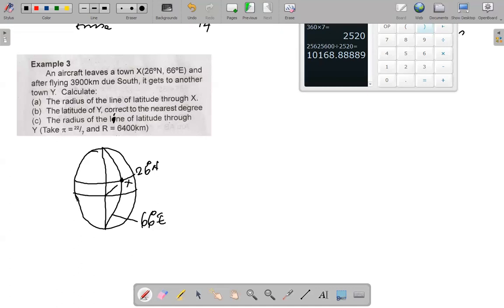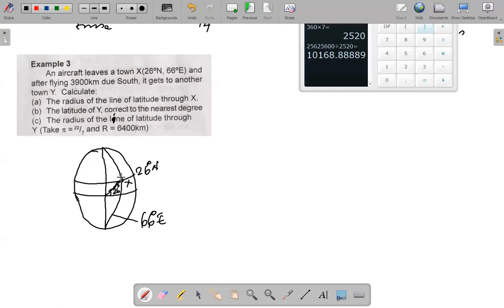Let me represent the angular distance here, which is the latitude itself, 26 degrees. But the other latitude, we don't know it.